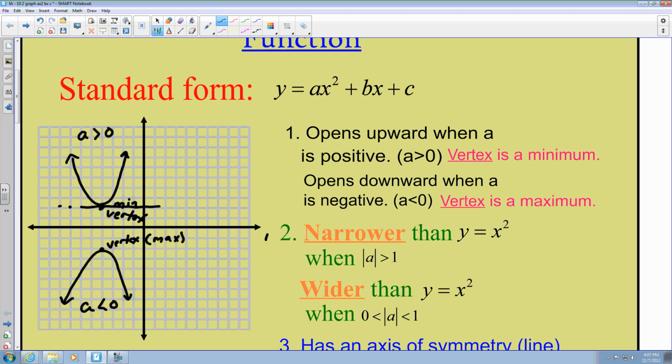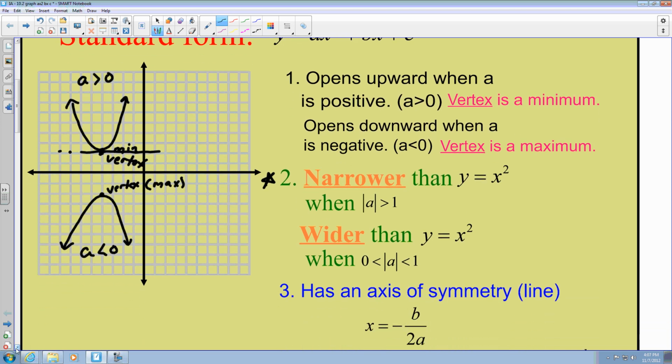If we look at our second directions here, it talks about our graph being narrower or wider than our parent quadratic equation, which was y equals x squared, and the narrower graphs come from when the absolute value of a is greater than 1, and we called that the other day a vertical stretch.